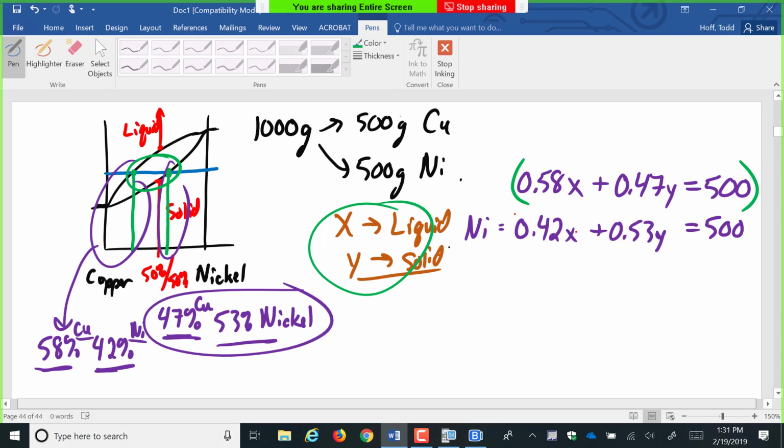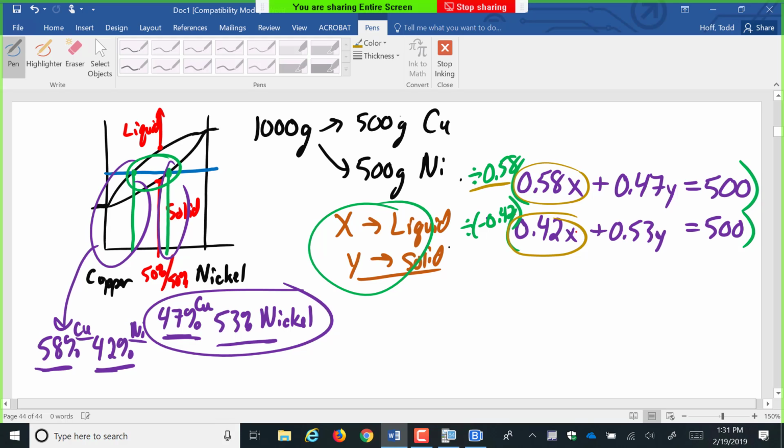I'm going to pick that I am going to eliminate the X. I'm going to divide the top equation by 0.58, and the bottom equation by a negative 0.42. What does this do for me? Well, it makes the coefficient of X positive 1 up here and negative 1 down here.